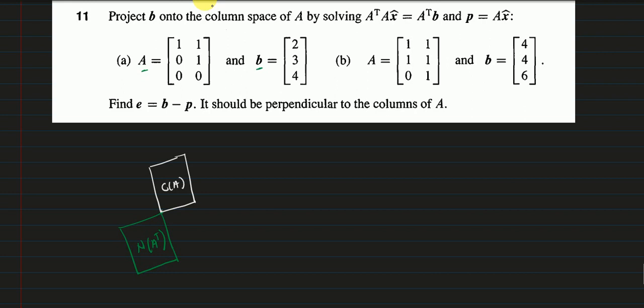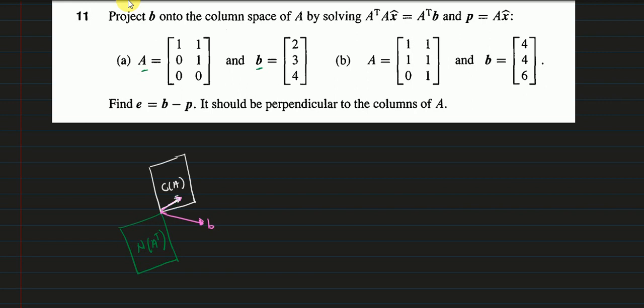Now let's suppose that this is the vector B. We have to find the projection of this vector B into the column space of A. So maybe it will look like this: this vector is in the column space of A and it is the projection of B. Let me take a different color, maybe white.